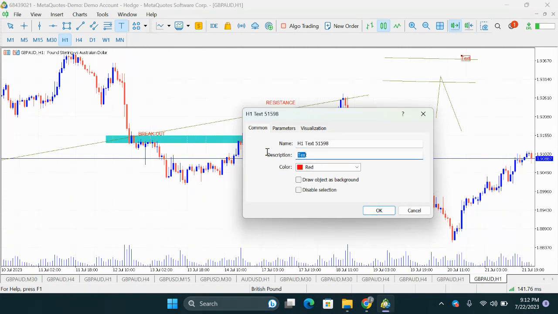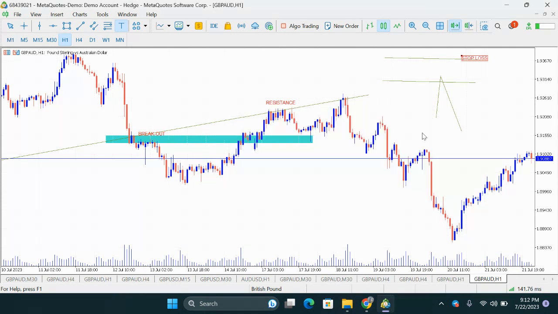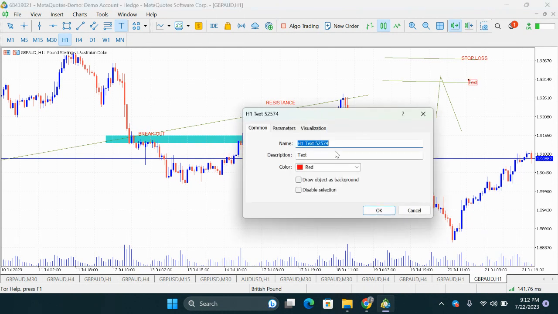So let's say that's your stop loss. Then this second line was where you sold. Let's say sell one lot size.